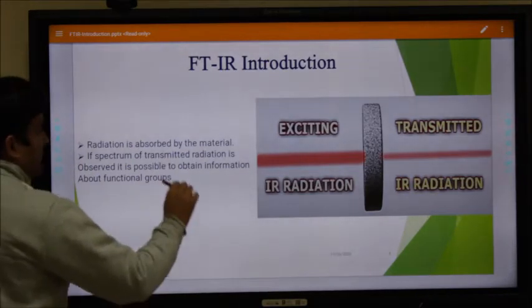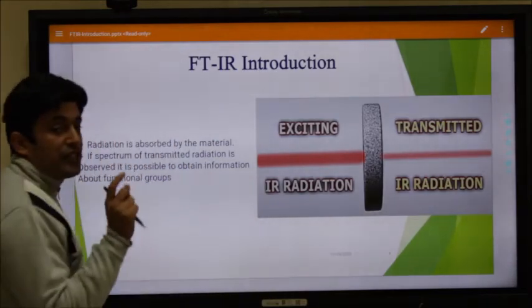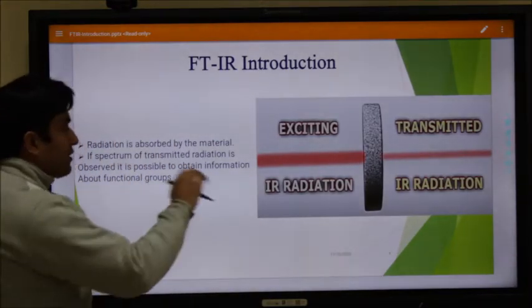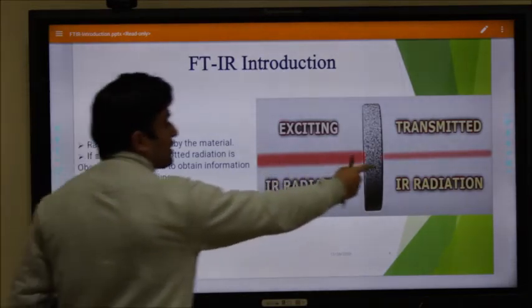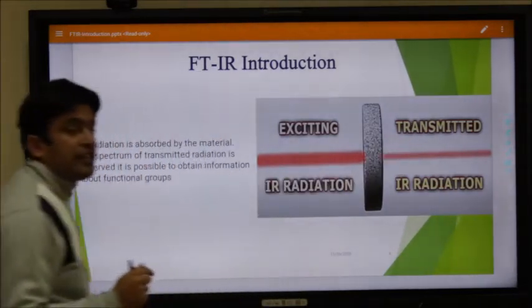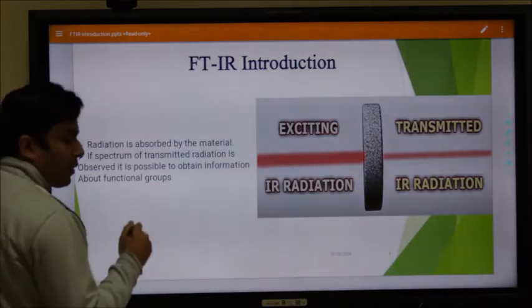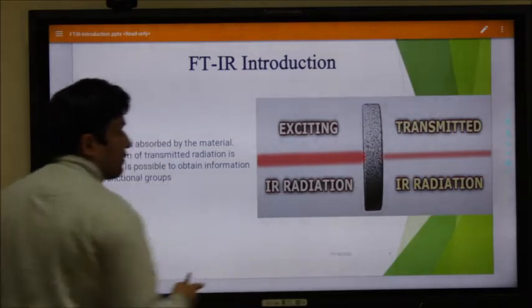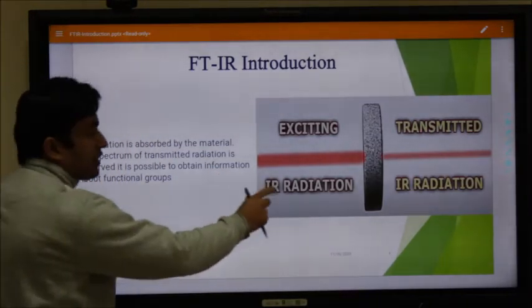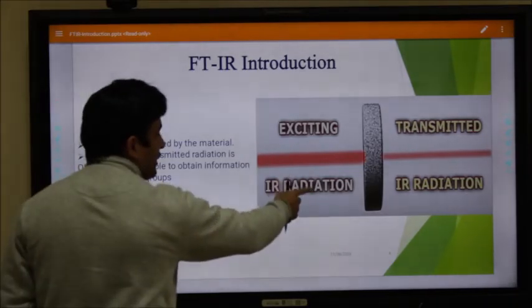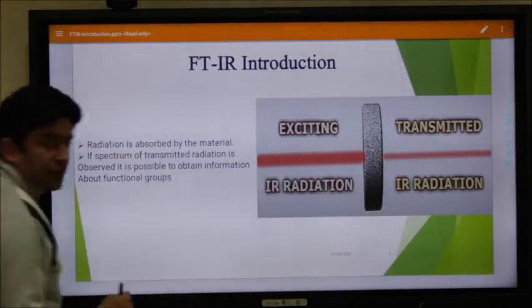The radiation will fall on this pellet. Some of the radiation will be absorbed and some will pass through. The radiation which passes through is termed transmitted radiation, and the radiation falling on the sample we will call exciting radiation. So there are two types of radiation in this diagram: exciting radiation and transmitted radiation.